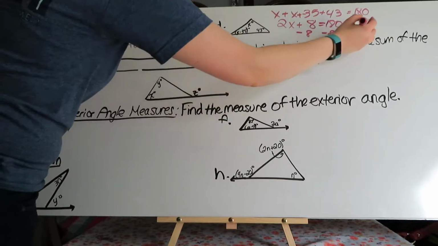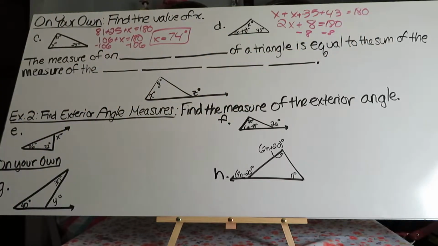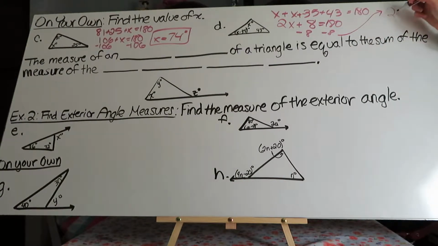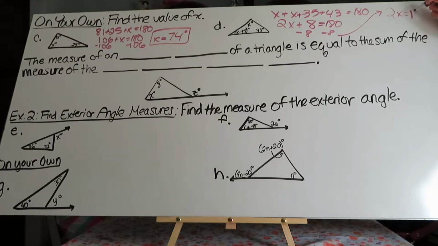Subtract 8 from both sides. Well, I'm going to have to continue that work over on the side. So that'll leave me with 2x equals 172. Divide both sides by 2. You have x equals 86 degrees.